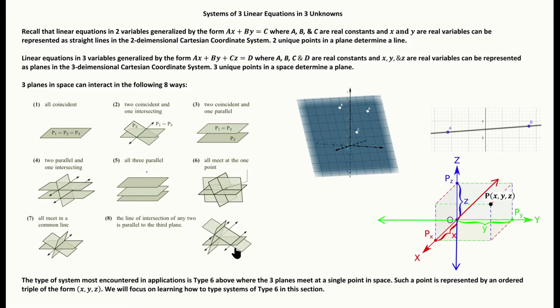And this one obviously would have no solution either. Now, in most applications, the type that we're going to encounter are the type that have only one solution. So in this section, we're going to be focusing on those kinds of systems, type 6, which are going to have just one solution.